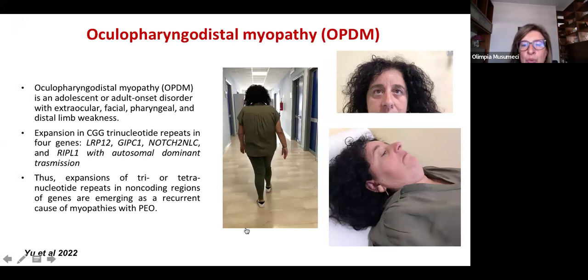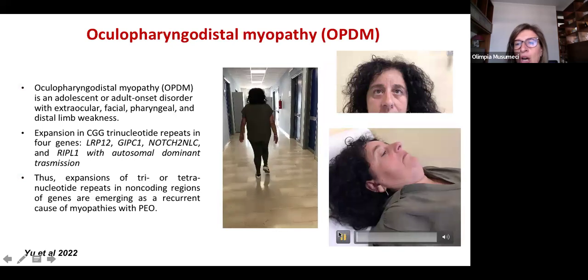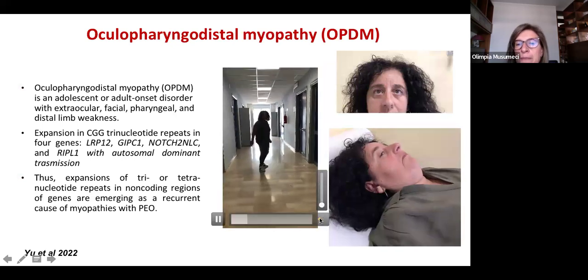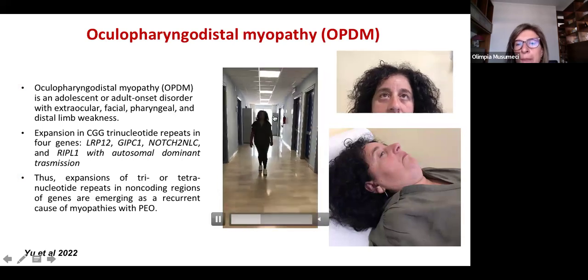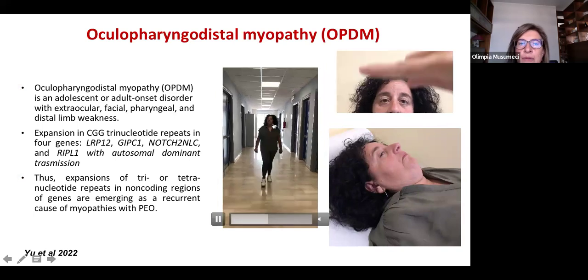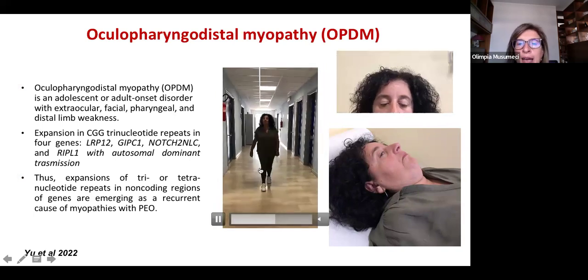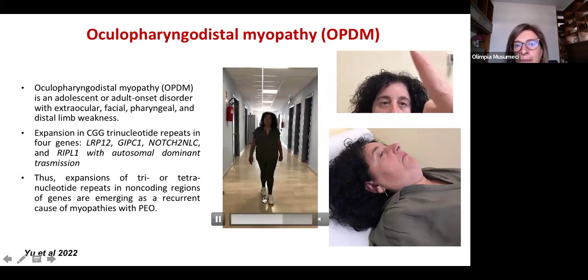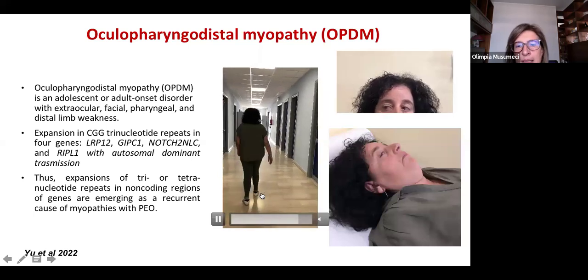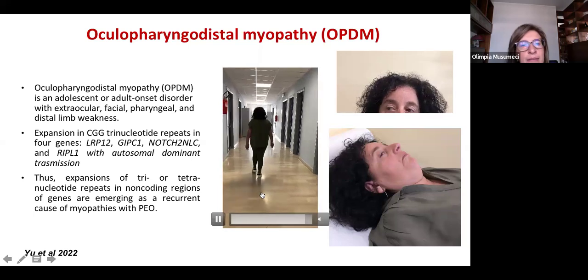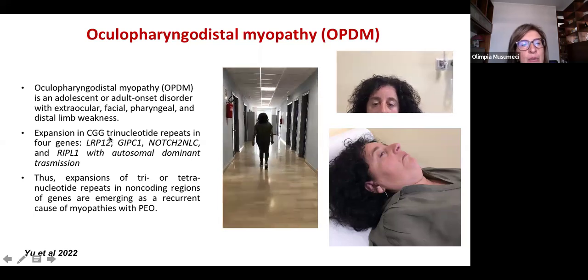This is a patient with this condition, where the patient shows, apart from ptosis and ophthalmoparesis, weakness mainly in the distal muscles. A few genes are associated with this condition, and they are all expansion diseases.